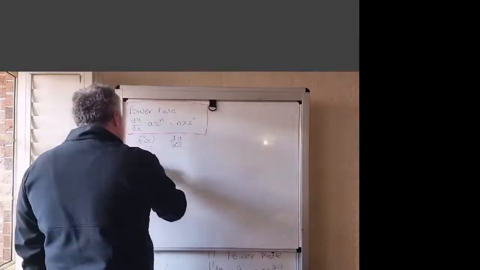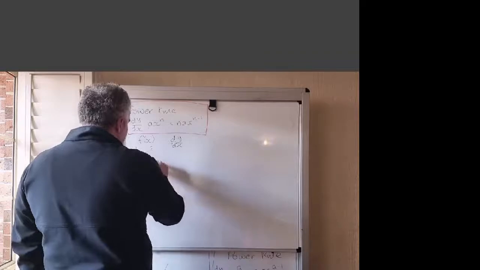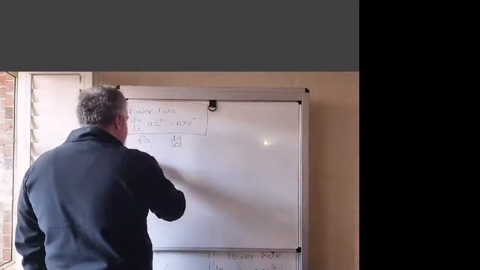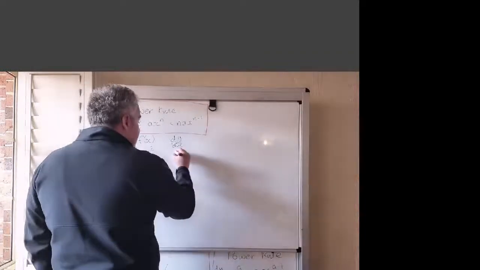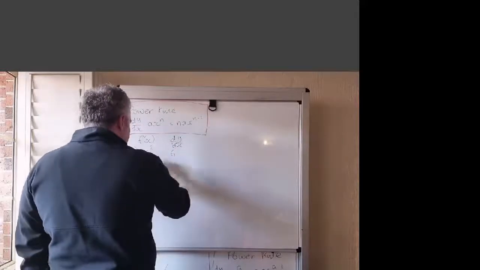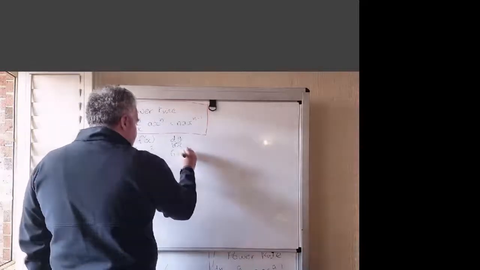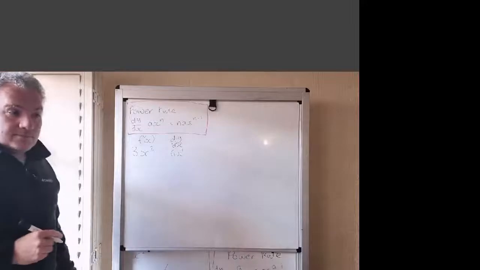So we end up with our function being 3x squared, take 2 times by 2 minus 1. So we end up with 6, 3 twos are 6, x to the power of 1.